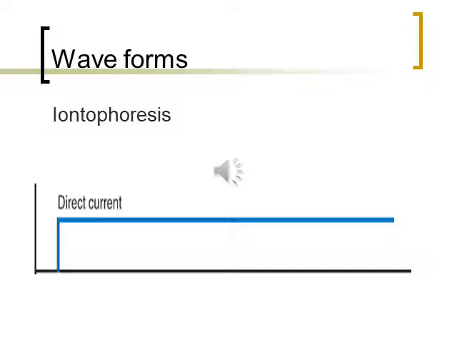To be direct current, you have the flow in one direction, either positive or negative, and it's on the entire time. There are no interruptions in it. So this would be the only example of a direct current, your iontophoresis. Basically, the current is just flowing in one direction, uninterrupted, and that's the only example where you would have direct current.